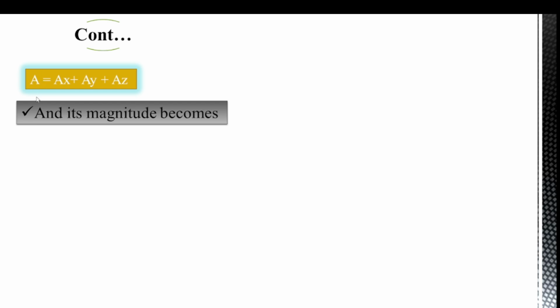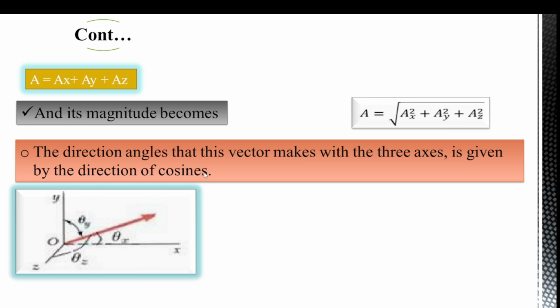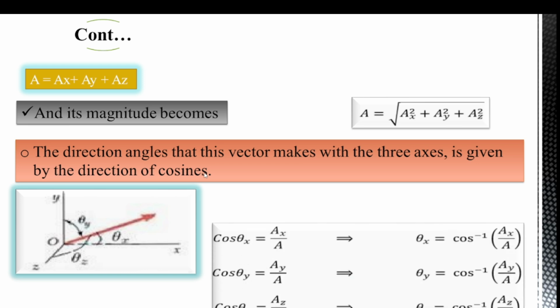This is the main vector in 3D, and its components are illustrated here, as we did in the two-dimensional case. So vector A is equal to its x component plus y component plus az, and its magnitude becomes the square root of ax squared plus ay squared plus az squared. The direction with the three axes is given by the direction cosines, as we did in 2D.